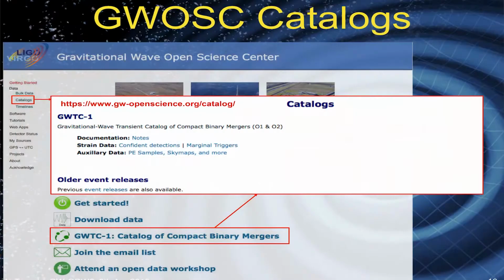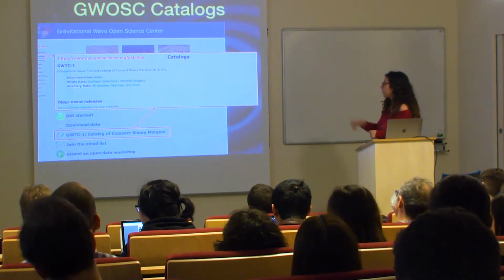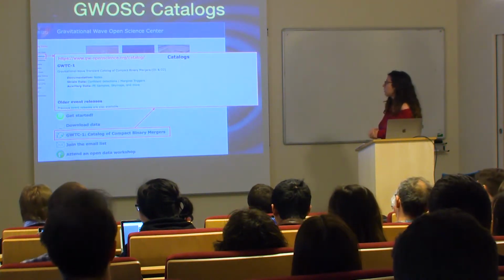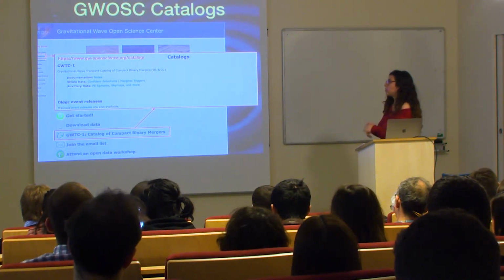So first of all, in terms of catalog, in terms of events, if you click on the right side where it's written catalogs, or if you click on the home page where it's written catalog of compact binary, you will arrive at this page, or you can go directly to the link open science catalog. And so here you have the link to the documentation.